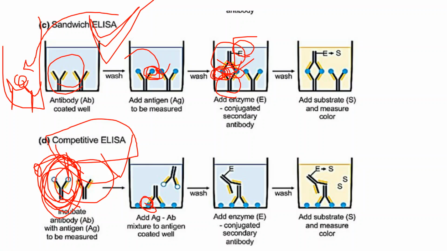So the coated antigen, only the antibody which doesn't bind with any antigen will bind with the coated one, right? These will not bind to the coated antigen because they already bound with the antigen. This is like the human sample, because we know that they have this antigen also, antibody also.